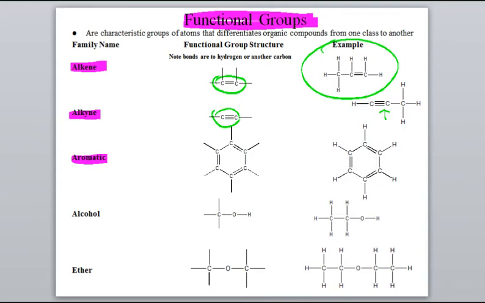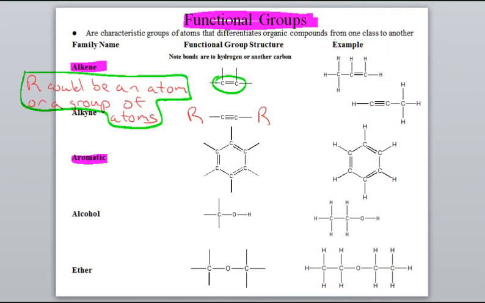Now note, when we've given lines like this next to structures before, we've just put X and said X could be any atom. Well, in organic chemistry, instead of X, they use R. And R could be any atom or a group of atoms. So we'll write that definition.